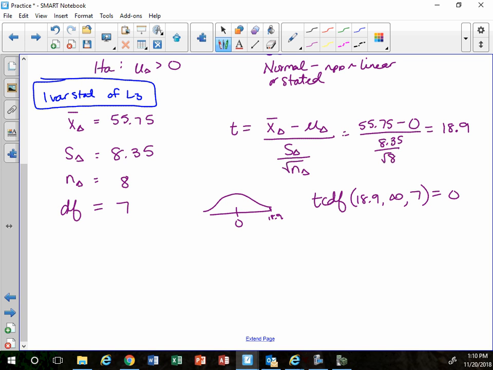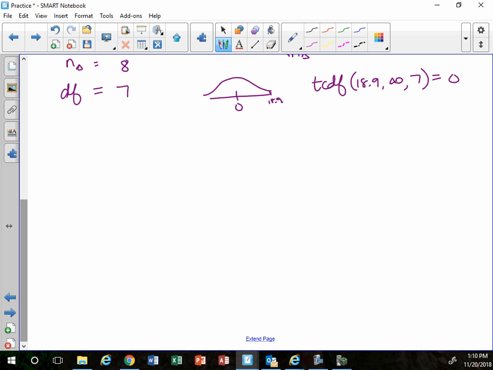Are you guys seeing it with the to the negative whatever exponent? Okay. So what are we going to say with our conclusion? Since our p-value of 0 is less than alpha 0.05, we reject the null.